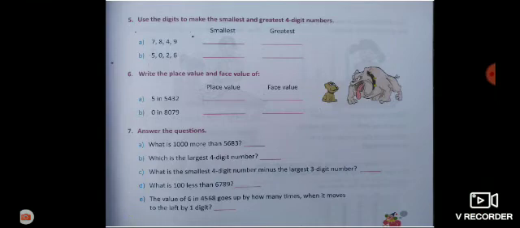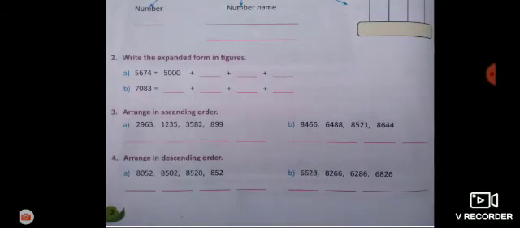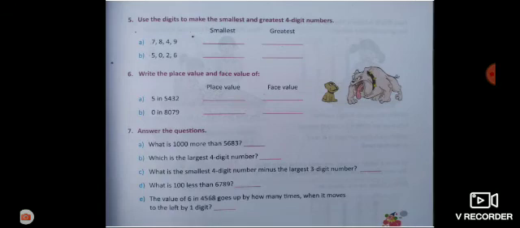Then E. The value of 6 in 4568 goes up by how many times when it moves to the left by 1 digit? Right? Now, what is this question about? Now listen, children. 4568. Right? Your number.